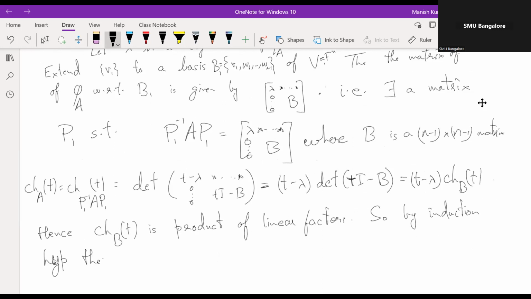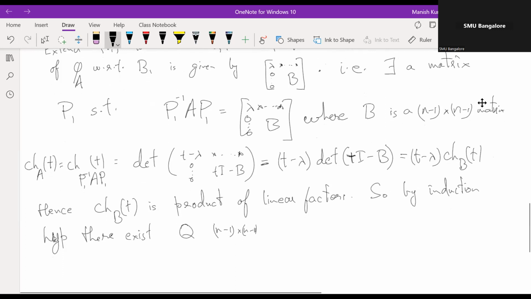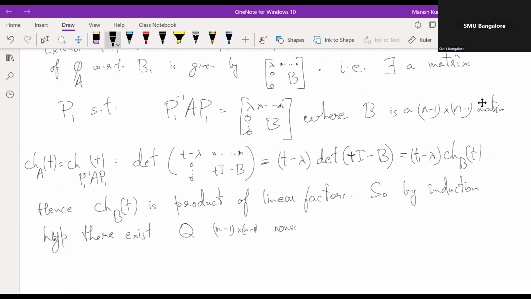There exists Q1 of order n minus 1, an (n minus 1) by (n minus 1) non-singular, or invertible, matrix such that Q1 inverse B Q1 is upper triangular.